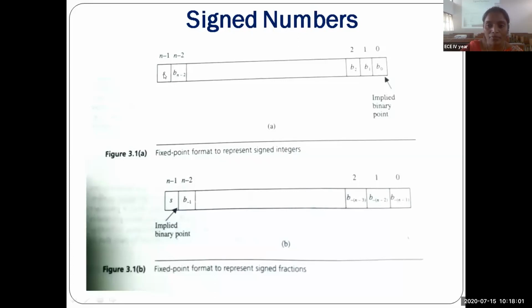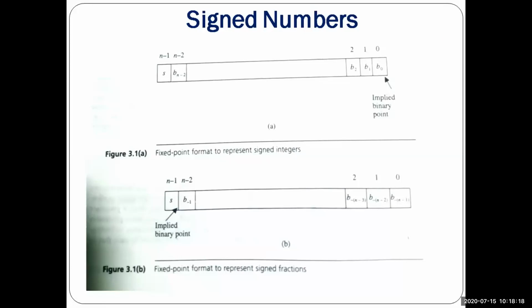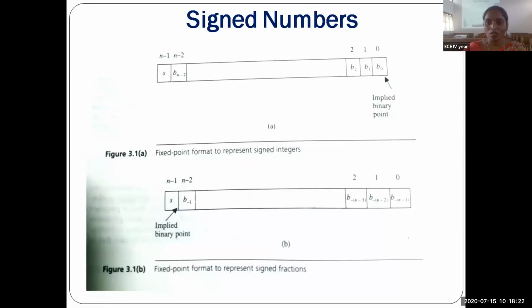So tell me, for a positive number, will the sign bit be 0 or 1? For a positive number, the sign bit is 0. For a negative number, the sign bit is 1.